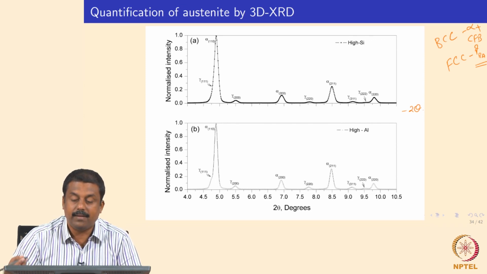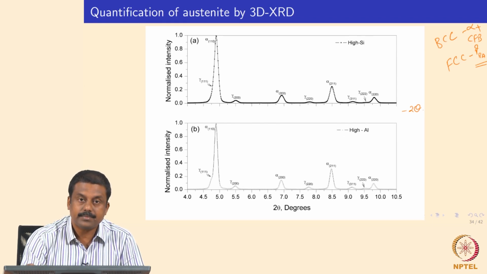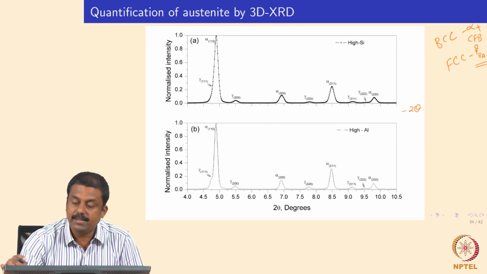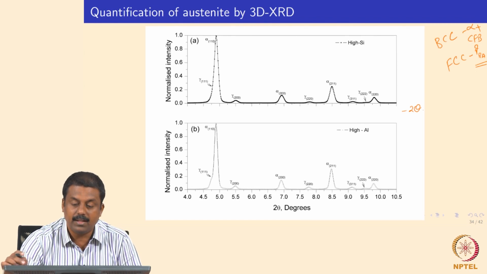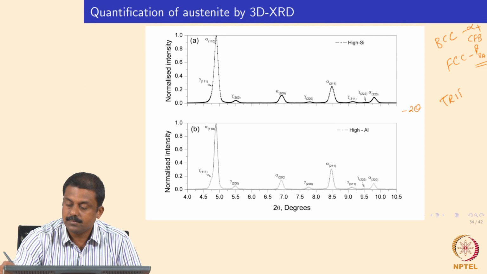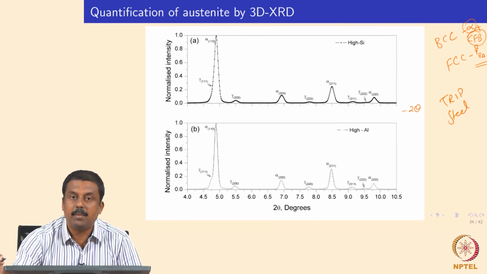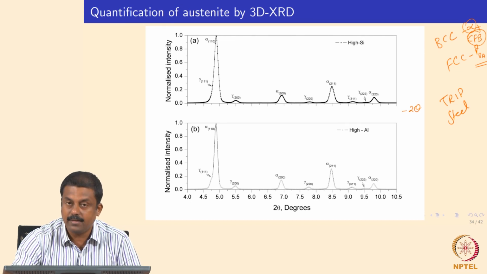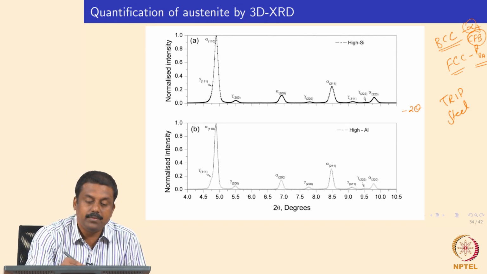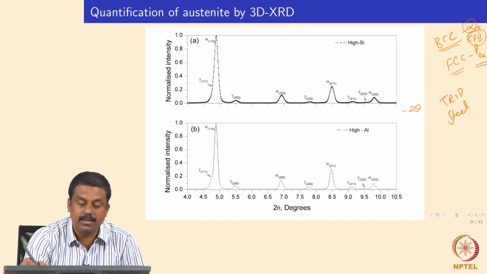So right now we can assume we get the diffraction patterns of BCC and FCC phases present in the microstructure. In our case in TRIP steel, we have ferrite and carbide free bainite, which is also ferrite, both of them BCC, and then FCC, which is retained austenite. And these two phases would give you the diffraction patterns shown in this figure.